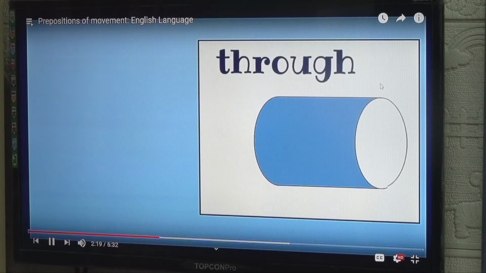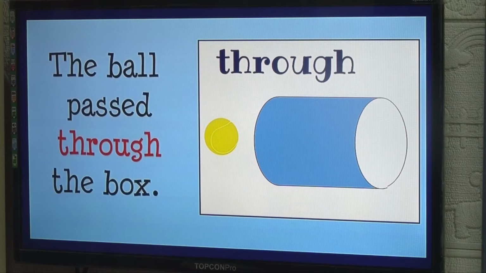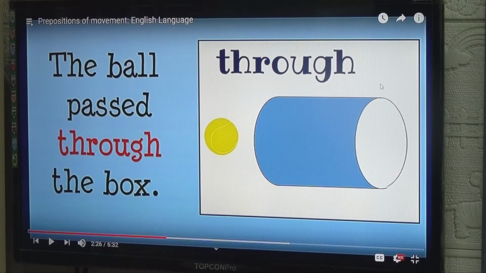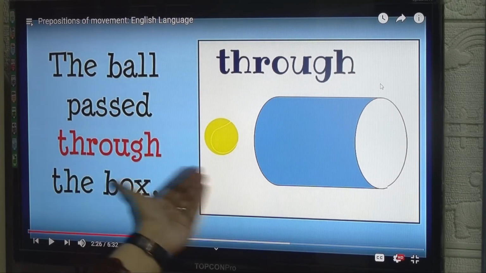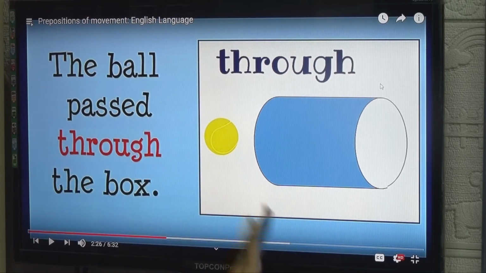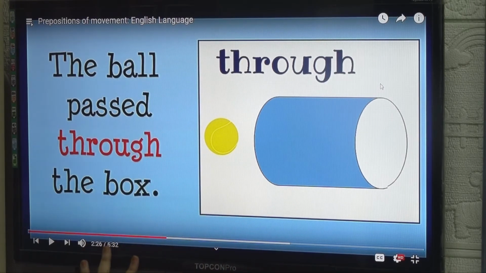Listen again. Through. The ball passed through the box. So basically, the ball passed through the box. In order to pass something, the ball used something to pass.